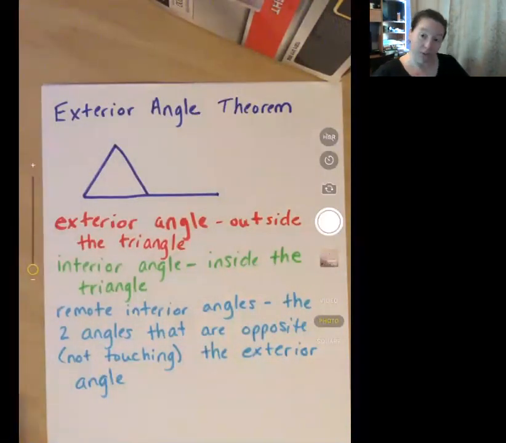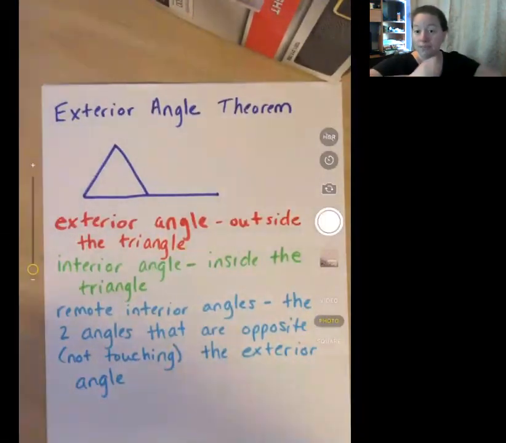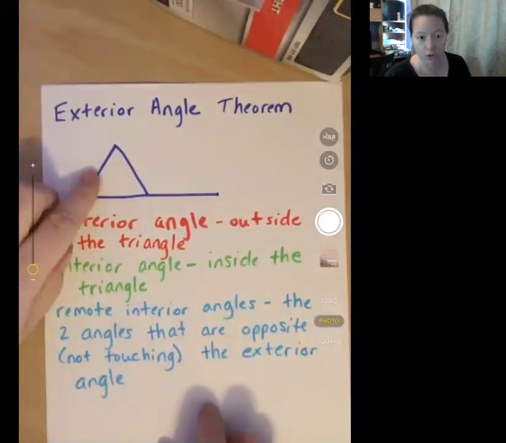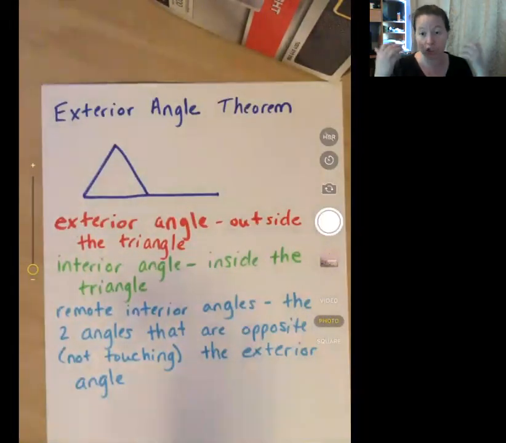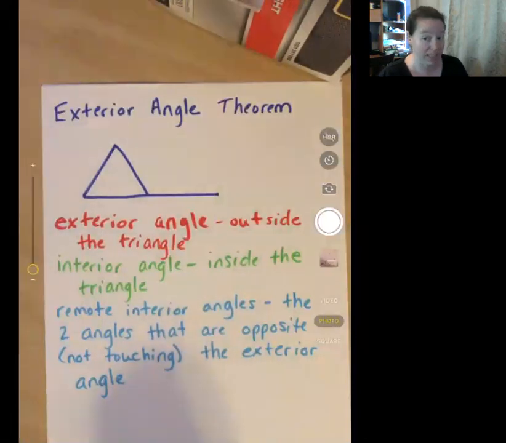Remember how in the book it tore off all three pieces of paper for each of the corners. It ripped off one corner, another corner, and the third corner. It laid them all down and it made a straight line. That's what we're working with here.